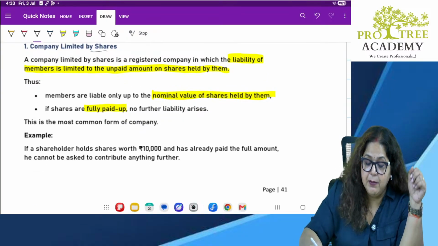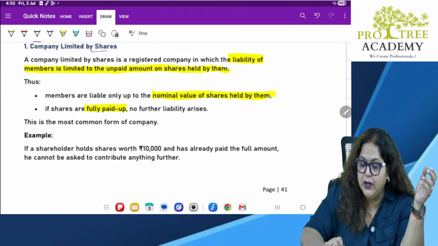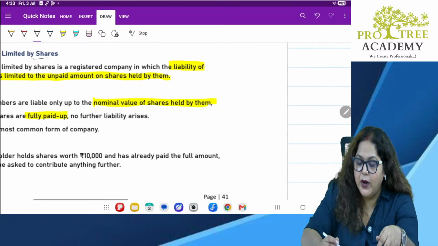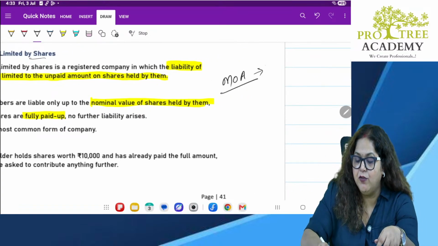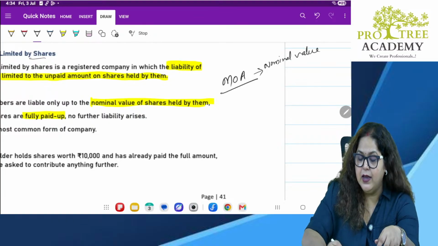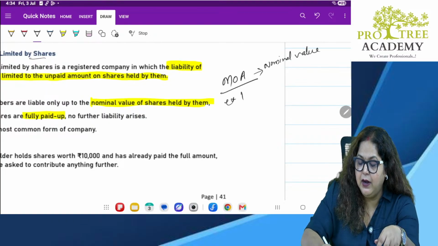Thus, members are liable only up to the nominal value of the share held by them. What is mentioned in the MOA, the nominal value, that much you have to pay. You are liable to that much only, guys. If the share price is, for example, 100 rupees, and you had paid 50 rupees, you are liable for another 50 rupees on one share.